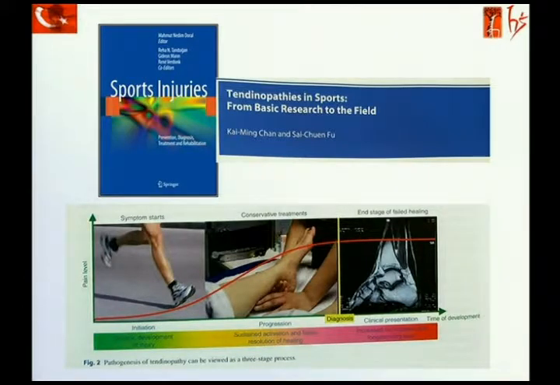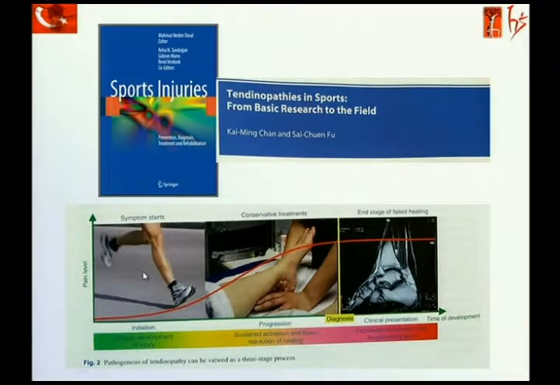Tendinopathies in sports are very important, because of overuse injuries, and the level of the injuries can change. Overuse injury is one of the causes of chronic problems.